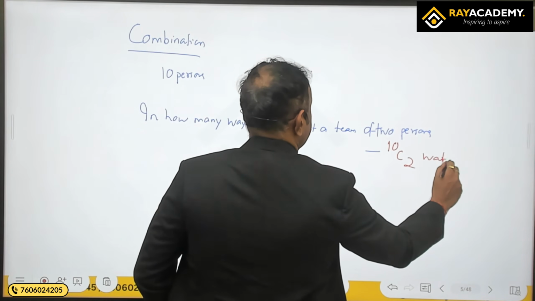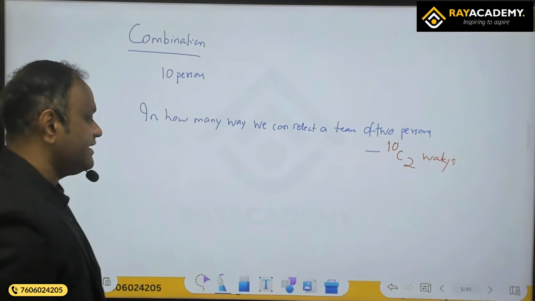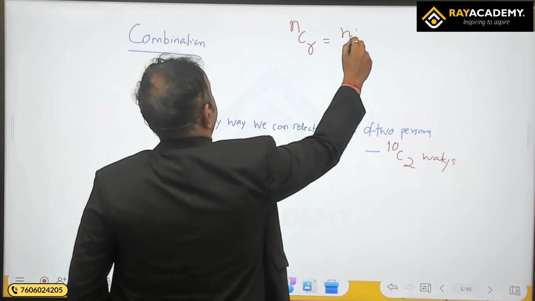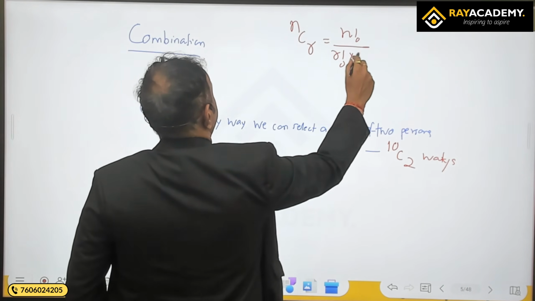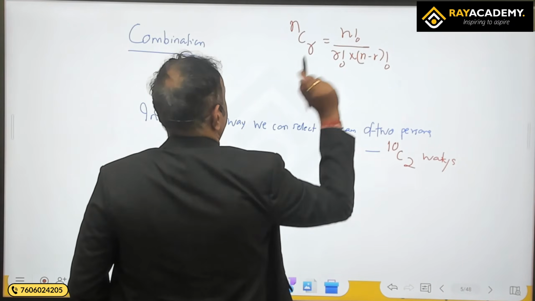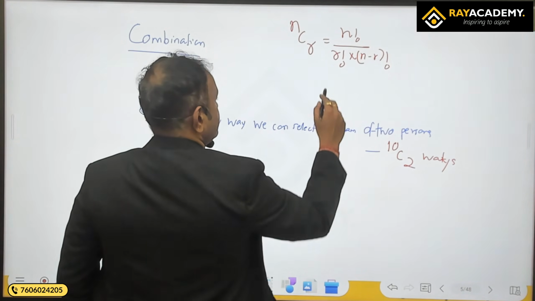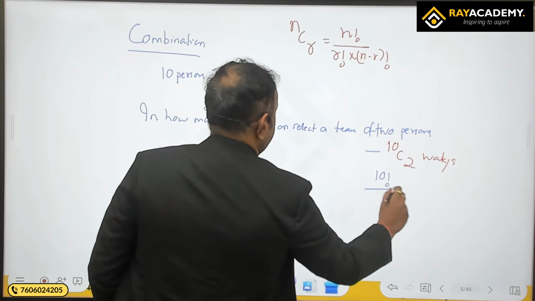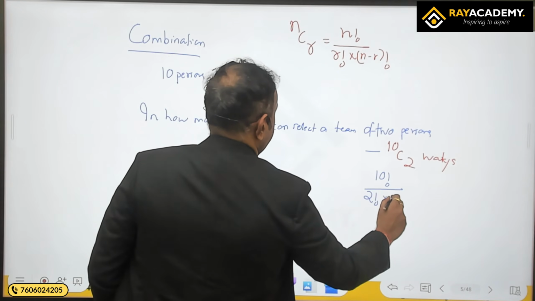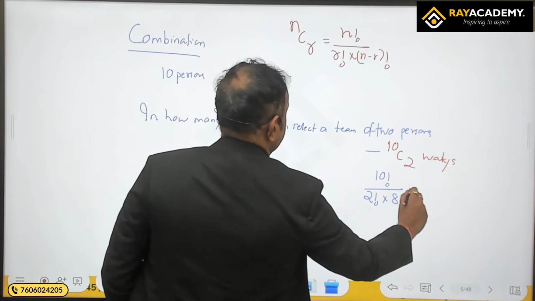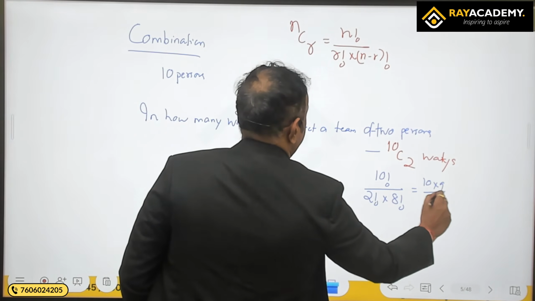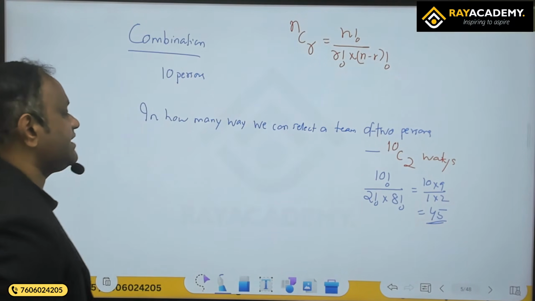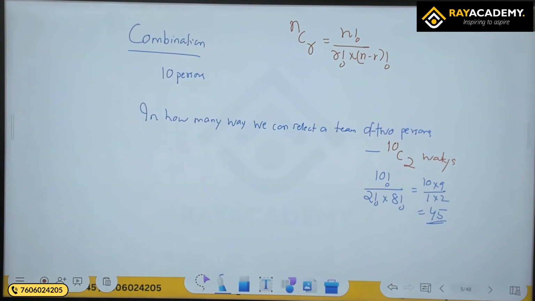That is just the selection. For 10C2, what should we know? nCr is n factorial divided by r factorial multiplied with n minus r factorial. If you simplify this, 10C2 is 10 factorial divided by 2 factorial multiplied with 10 minus 2, that is 8 factorial. So this will give you 10 into 9 by 1 into 2. So this is 45 ways we can select a team of 2 persons in our committee.